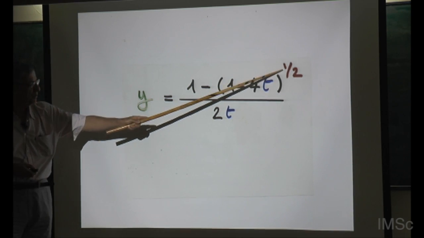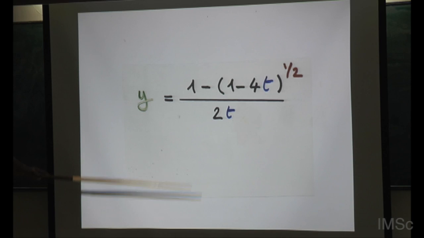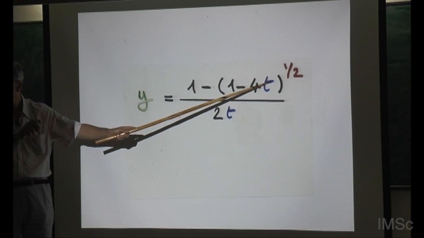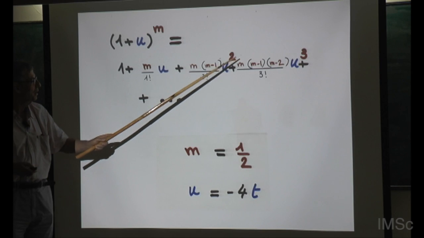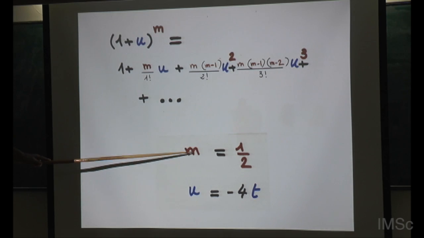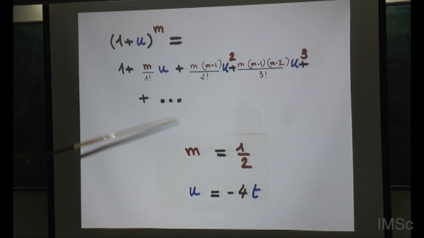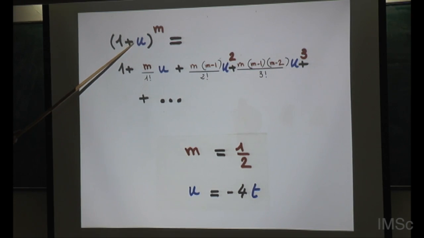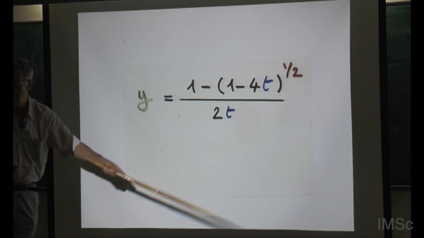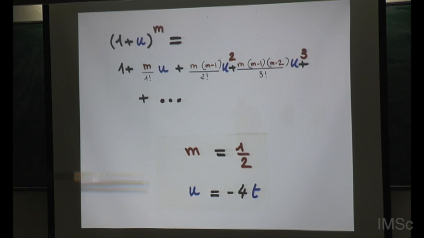And now we have the square root of 1 minus 4t. Now you just apply the binomial expansion of 1 plus u to the power alpha, with alpha equal to 1 over 2, and u equal to minus 4t. So you just expand this.